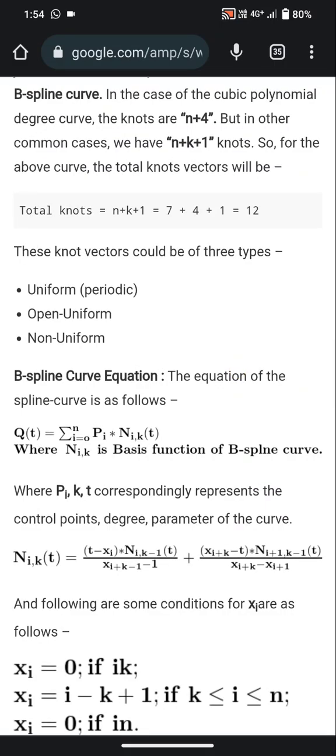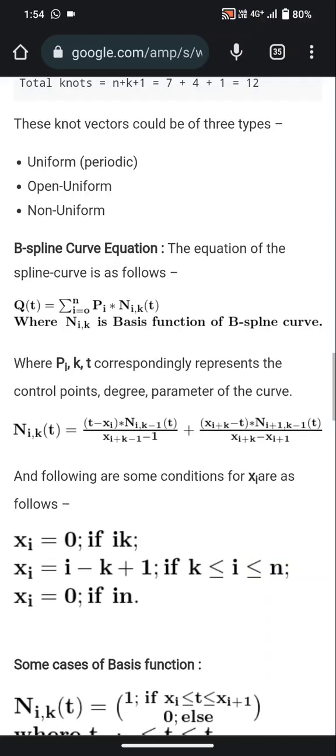And we have the equation of B-spline curves. The equation of the spline curve is as follows, as presented on the screen, where N_i,k is the basis function of the B-spline curve, and P_i, k and t respectively represent the control points, degree and parameter of the curve.